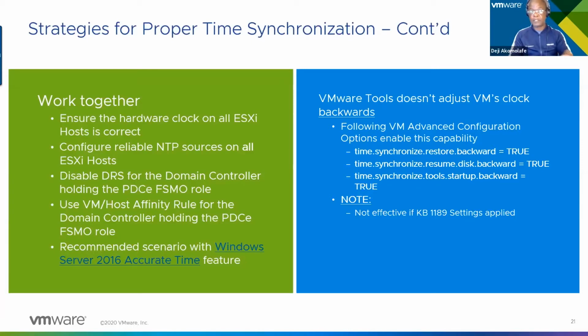If the time skews forward and you move the VM to a good host, we will not be able to move the VM's clock backward unless you apply these advanced configuration options to that VM. Also, please note, if you had already applied the settings we mentioned earlier in KB 1189, these settings here will not take effect at all.